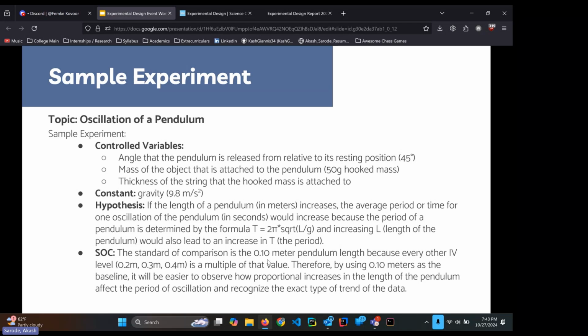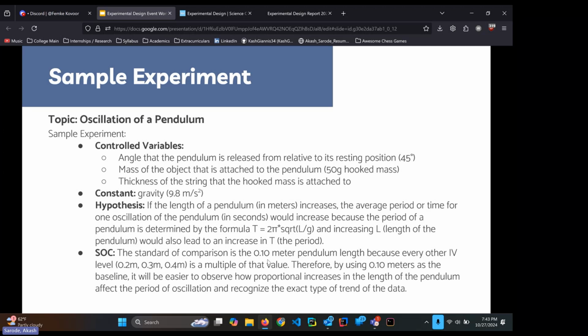An example that I can come up with off the top of my head is if you're doing an experiment about density where you have a cup of water and you're adding salt to that water and seeing how the mass of salt that you're adding affects its density. A good standard of comparison for that experiment is having an IV level of 0 grams of salt.